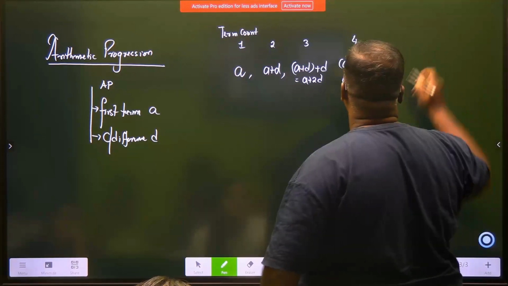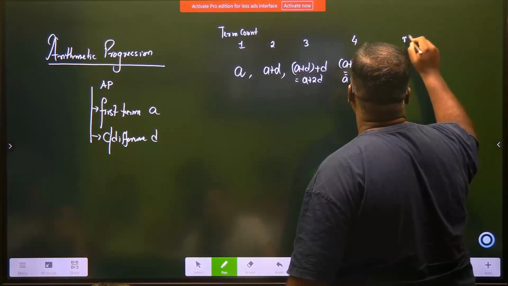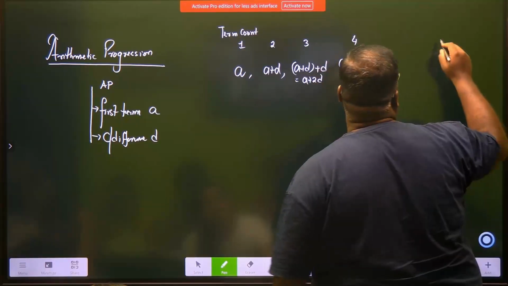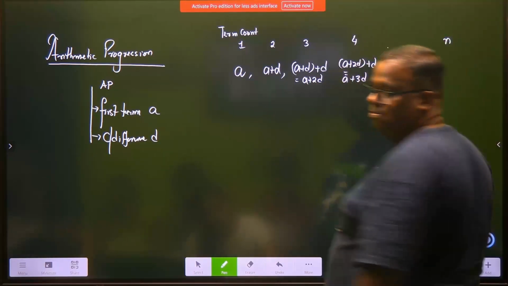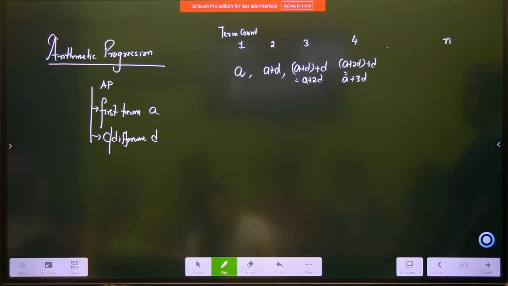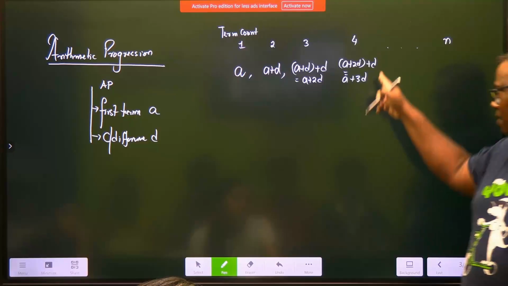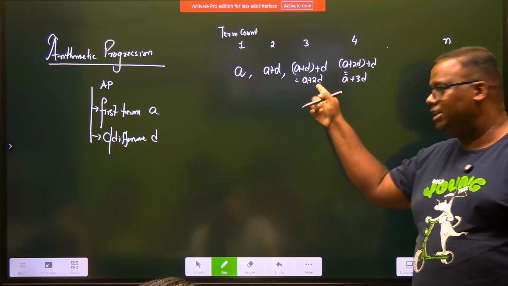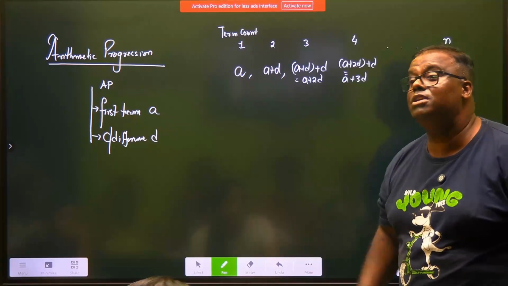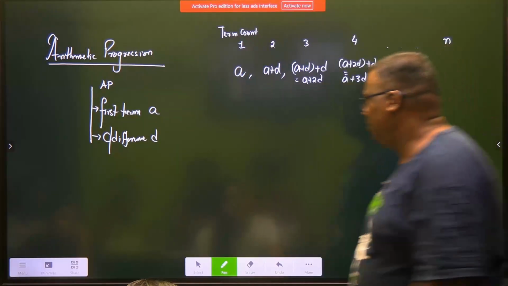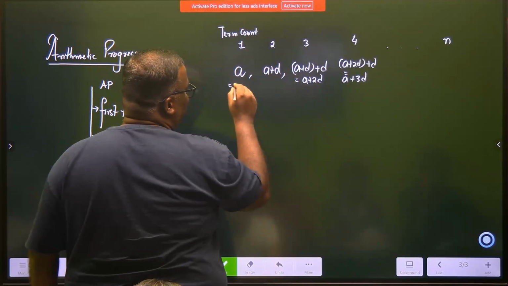So I arrive at something called the nth term. At 4 I'm getting 3, at 3 I'm getting 2, at 2 I'm getting 1, at 1 I'm getting a plus 0d. Can I not write this as a plus 0d?